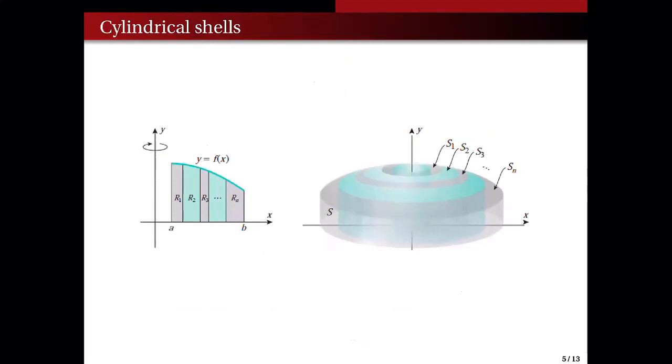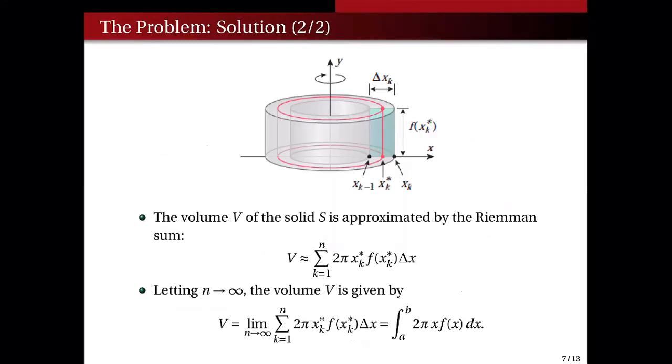You get the volume of each, and then you add them, and you will get the Riemann sum. The volume of your solid S will be approximated by the Riemann sum. And by letting n approach infinity, the volume will just be this limit here. And if your f is integrable, you will have the definite integral.